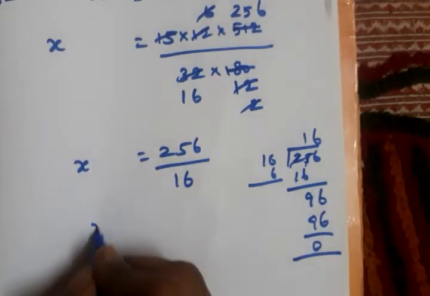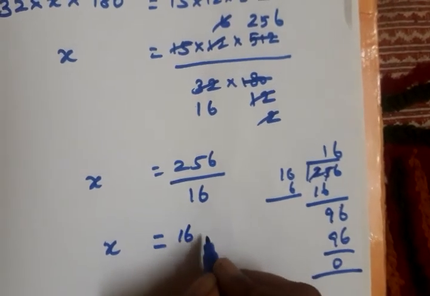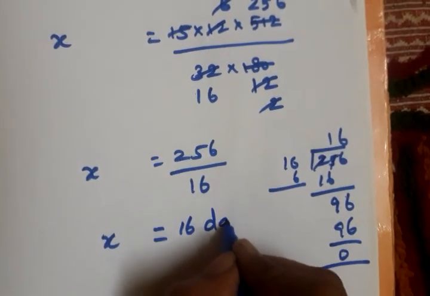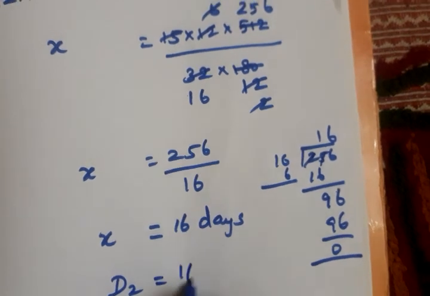So how many days? 16 days. That is the D2 value. D2 is equal to 16.